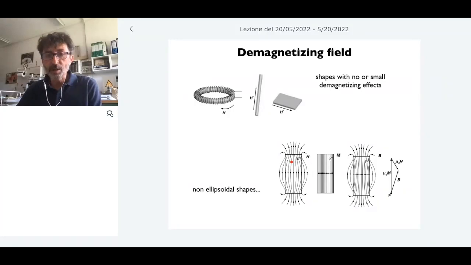If the shapes are non-ellipsoidal, then we get into a lot of trouble. In the previous slide, I did not comment upon that, but it's still possible for rectangular shapes to have approximate demagnetizing coefficients.